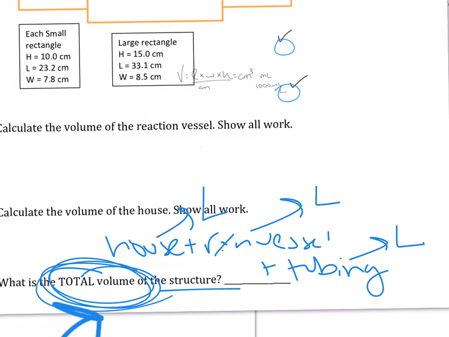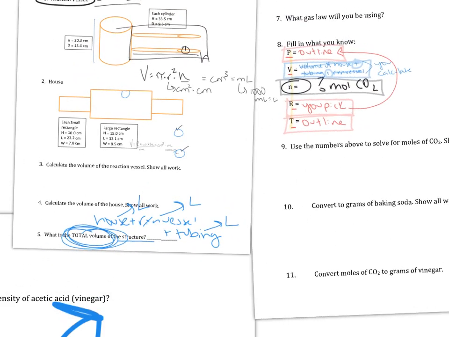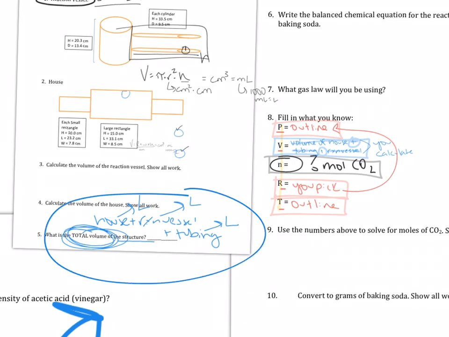You add them up, and now that is the total volume of your structure. This total volume of your structure is the volume that you plug into your PV equals nRT. So all of those values added up is going to be the final volume that you plug into that. Then you now have P, V, R, and T, so now you can solve for moles of CO2.